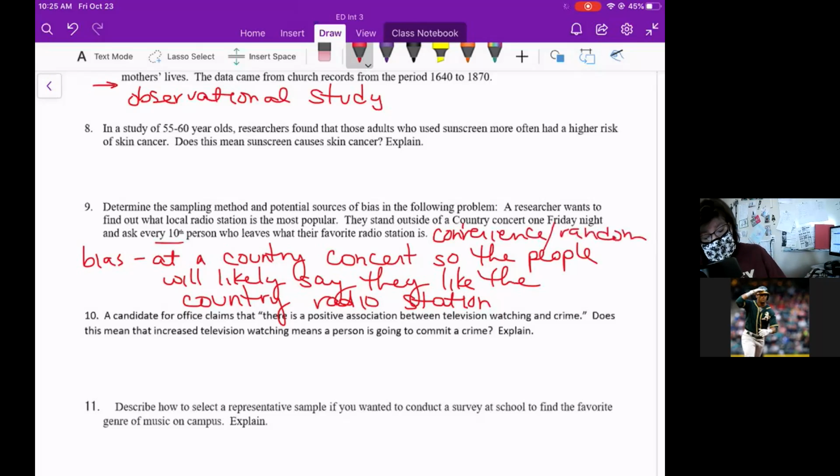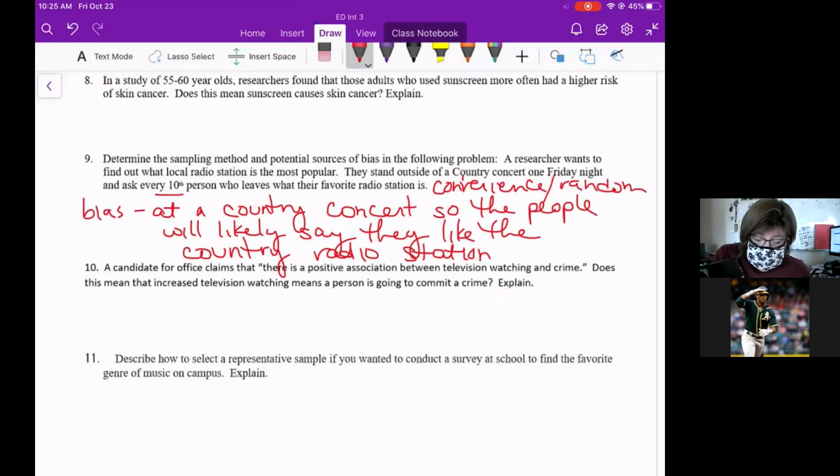Okay. A candidate for office claims there is a positive association between television watching and crime. Does this mean that increased television watching means a person is going to commit a crime? No. But they've been trying to do that for years with video games, haven't they? That violent video games are causing more violence in the real world. So what did you write as the reason?